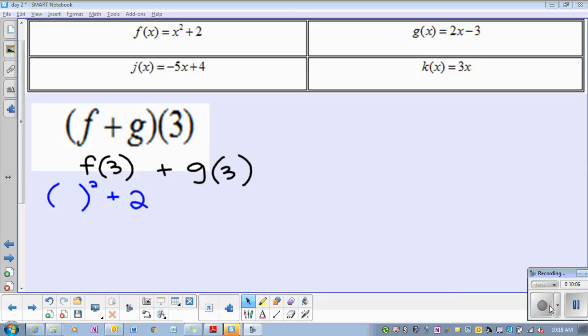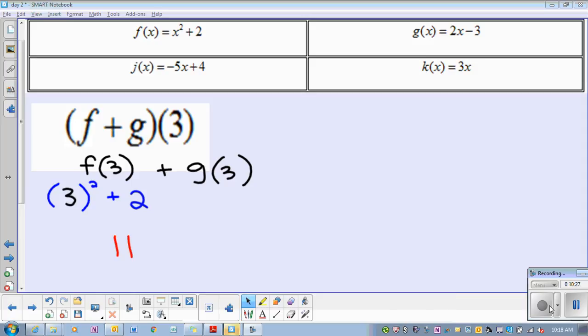Because that was my f function. But instead of the x, I'm going to plug in a 3, yeah? If I put this in the calculator, 3 squared plus 2, what do I get? 11. Good. You should get 11.